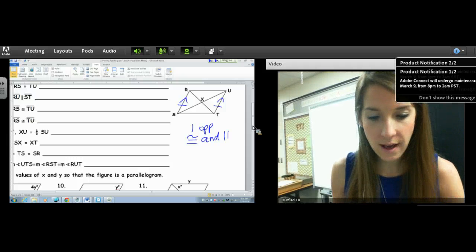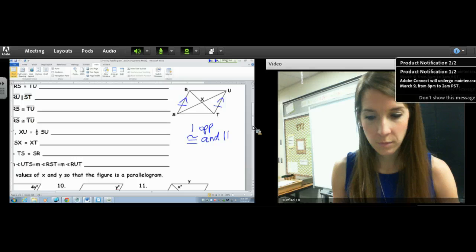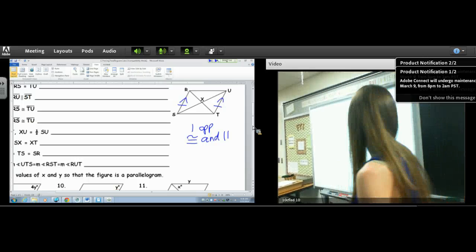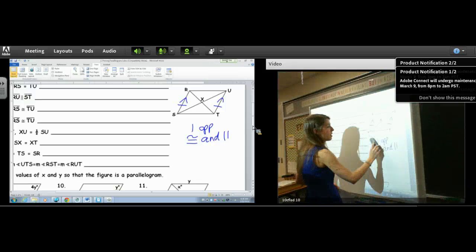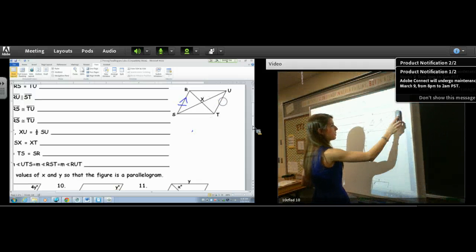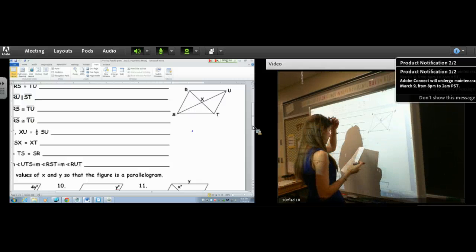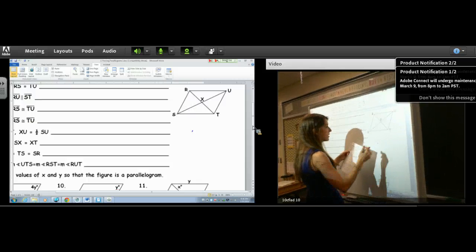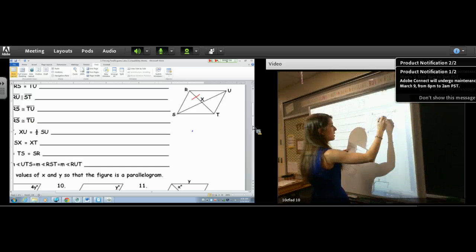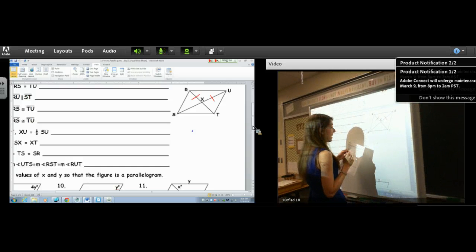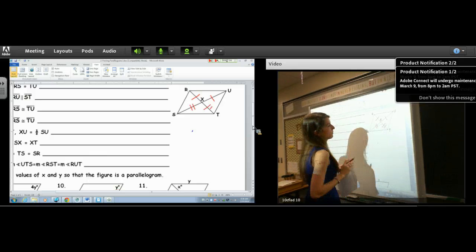Do you want to go over anything else? Like, what about number 6? Let's just go over number 6 just so that you know how to solve these, because I want to make sure we're good at them. Number 6, RX is congruent to XU, and SX is congruent to XT.